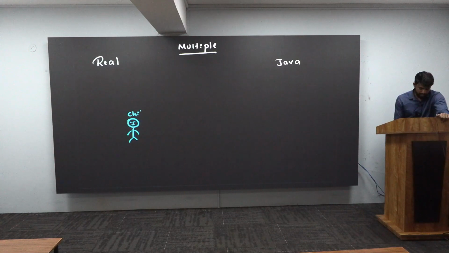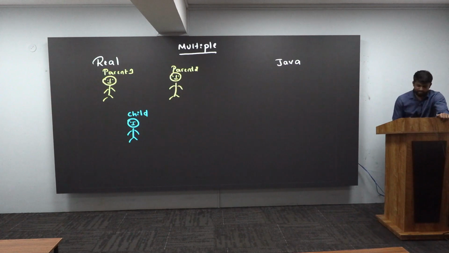So I will call it child. Now, there is one mother, and that mother I call parent 1. Another mother, and that mother I call parent 2. Good. What this child is telling is, mommy to this first parent 1.